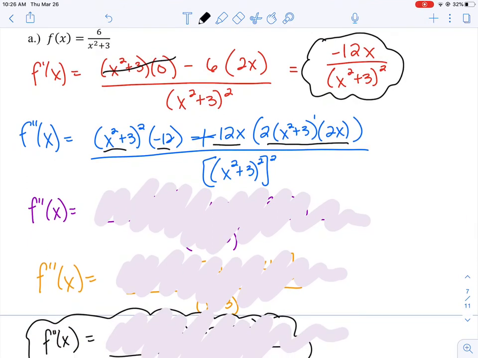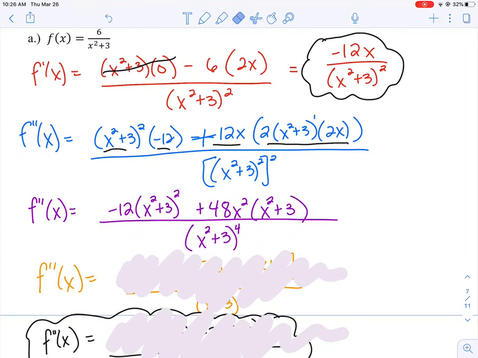From there, I want to see if I can simplify a little bit. And so it looks like I combine some of my like terms here. I put the -12 in the front, so I have -12 times the quantity x squared plus 3 squared. Remember, the negative and the -12 made a positive, and so that's where my positive came in.